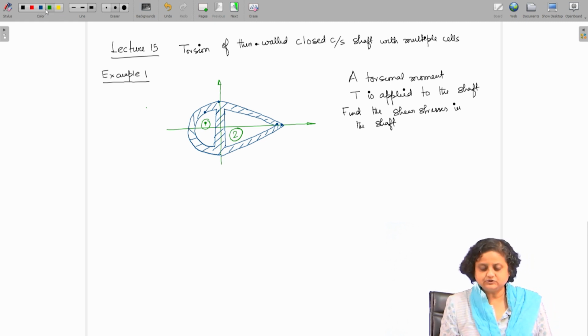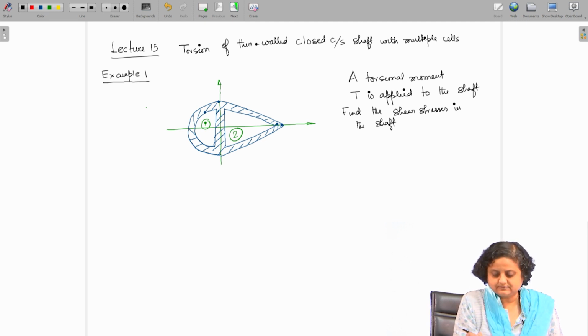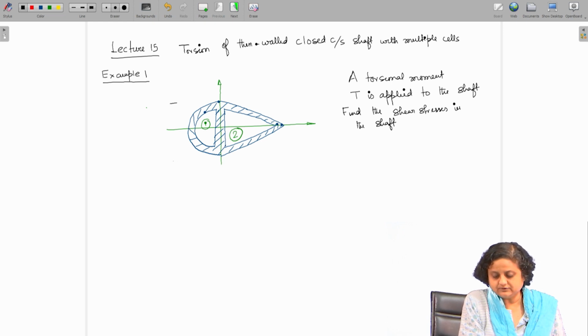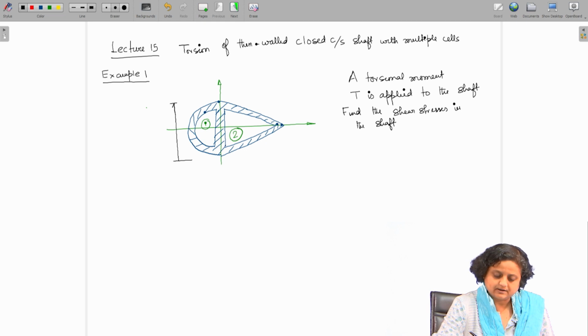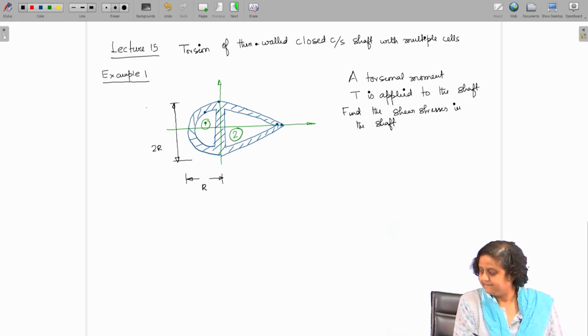The dimensions are, so this has a radius of r. This is a semicircle with a diameter of 2r. So, this is 2r, this is r. Though I have not drawn it perfectly, portion 1 is a semicircle.